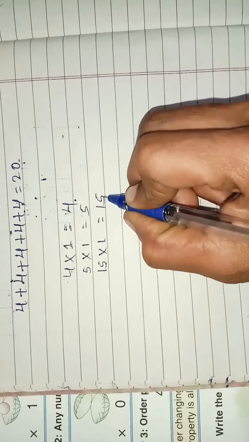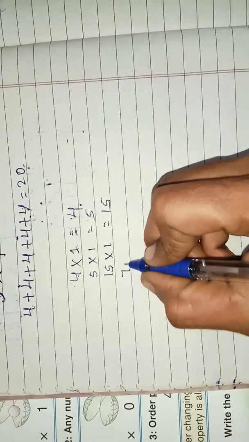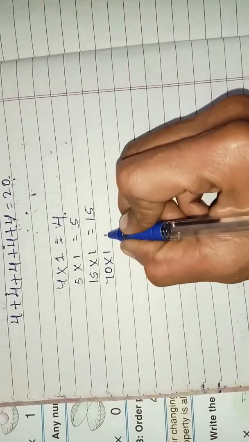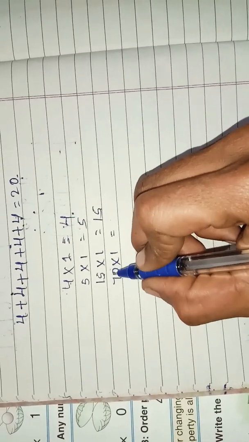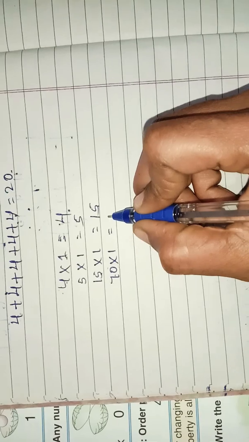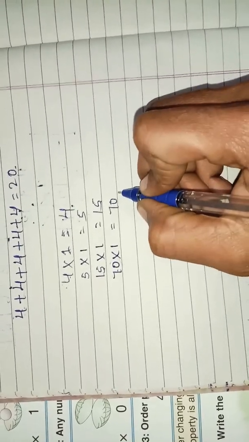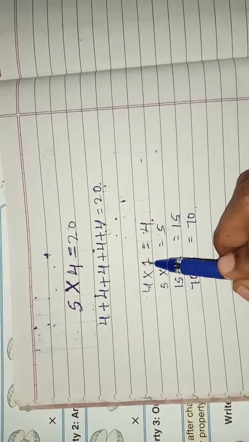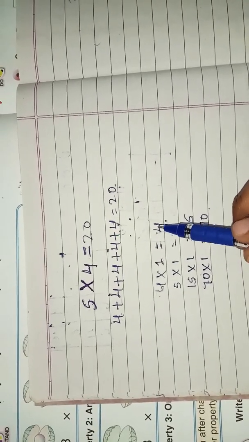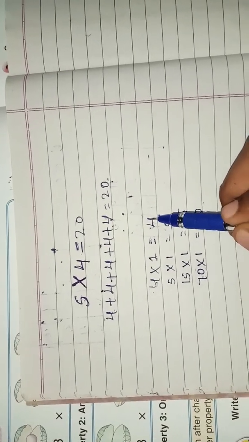Or take 70 into 1, the answer will be 70, the number you have taken. Like that, any number multiplied by 1, the answer will always be the number itself.